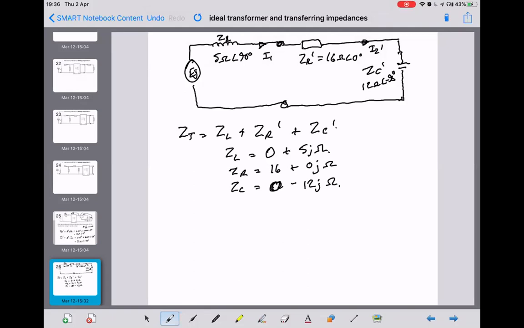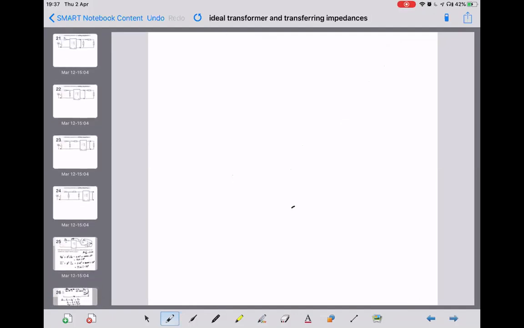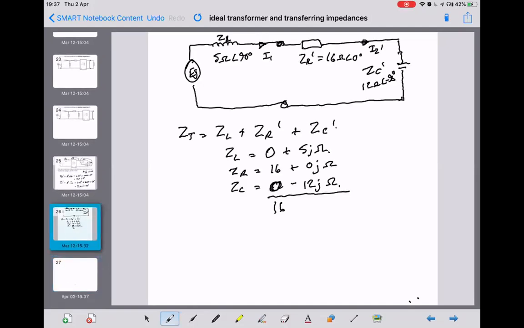You don't even need a calculator for them. And then we bring them together. So we've got 0 and 0 is 0, 16 and 0 is 16, and 5 minus 12 is minus 7j ohms. We can convert that back to polar, in case we need it in either form, depending on what else we're going to do with it.